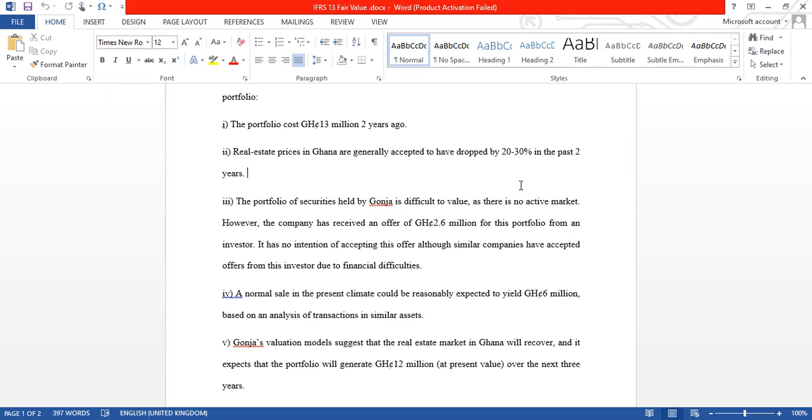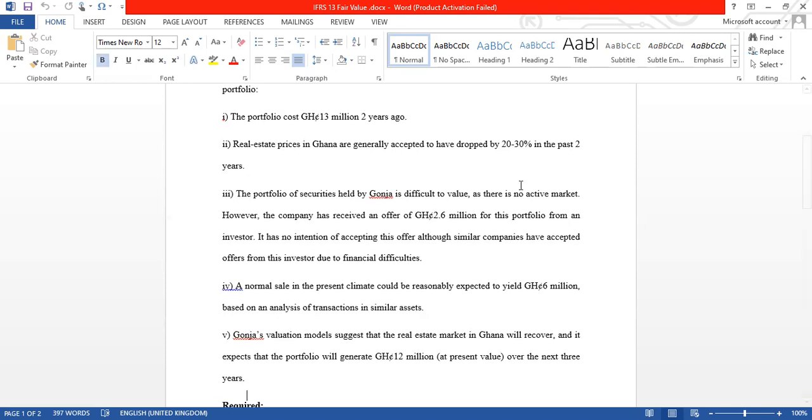If I were you, I'll underline that because these things should ring a bell. Gonja's valuation model suggests that the real estate market in Ghana will recover. Will recover is a futuristic statement, so that one too should ring a bell. And it expects that the portfolio will generate 12 million in present value over the next 3 years. That thing should also ring a bell.